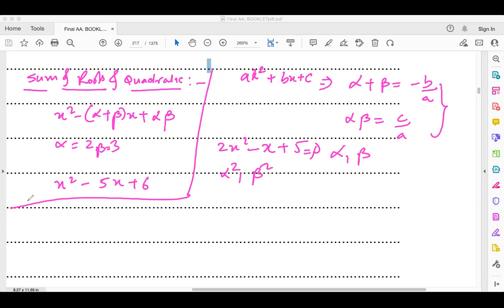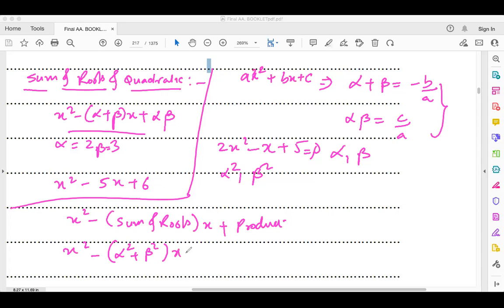Since we already know the background of how to prepare a quadratic equation, it is x squared minus the sum of the roots times x plus the product of the roots. So x squared minus alpha squared plus beta squared times x plus alpha squared beta squared.